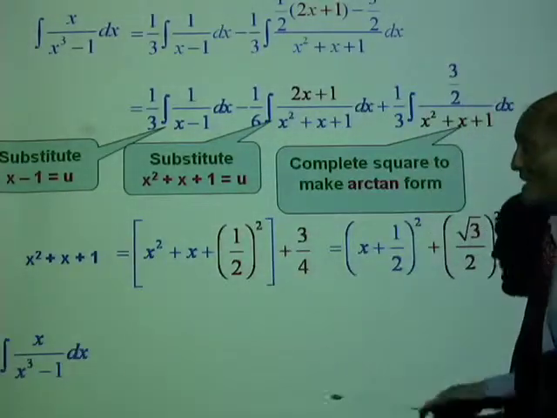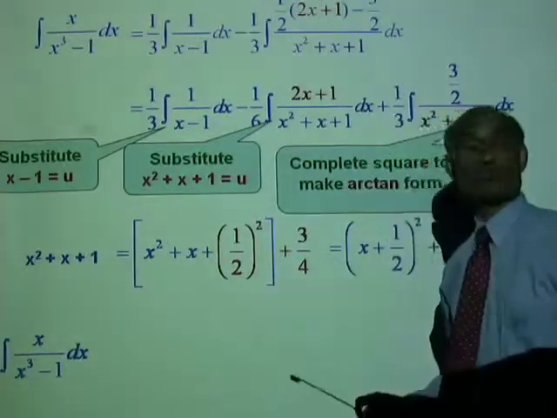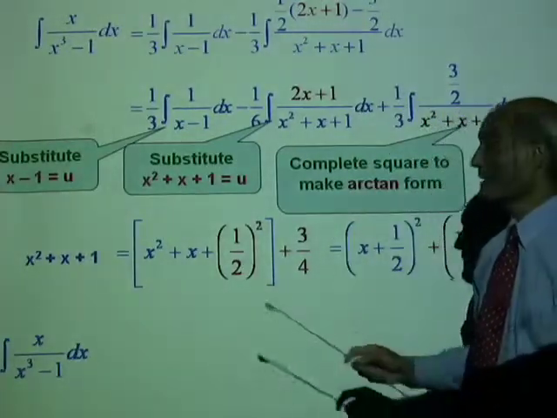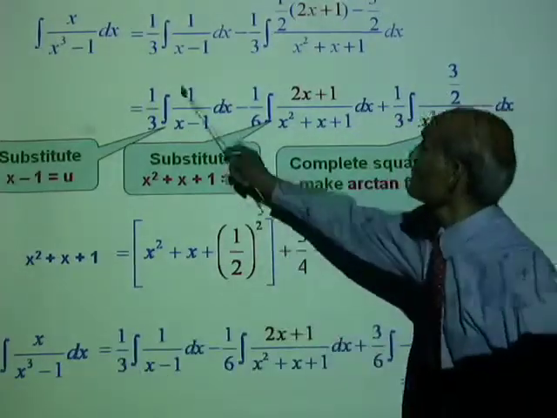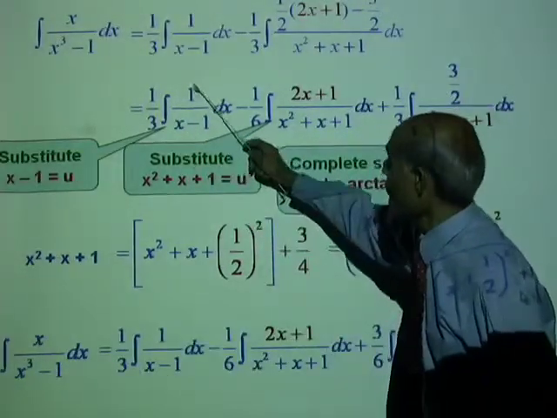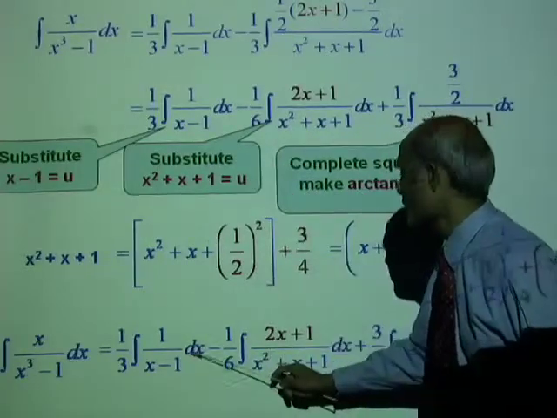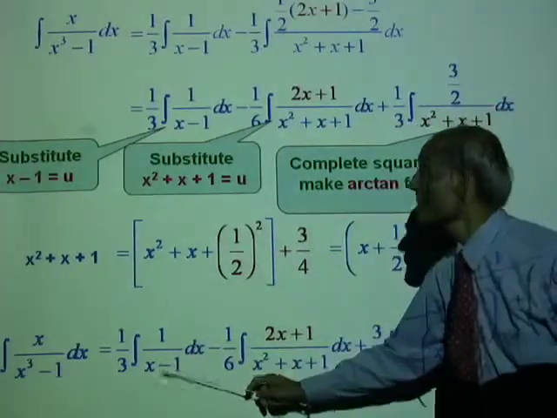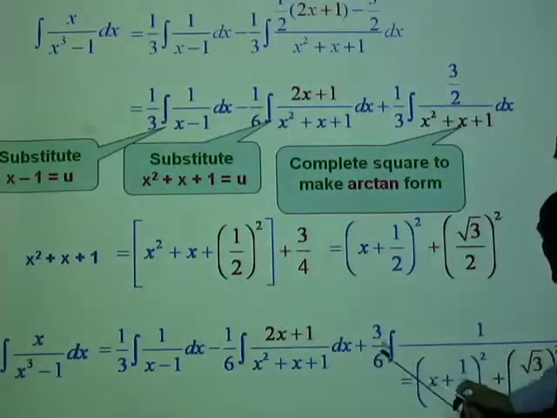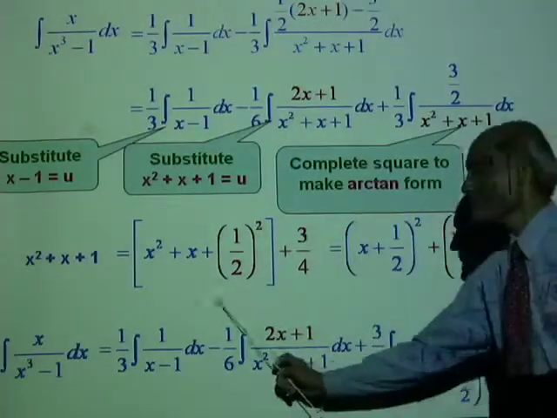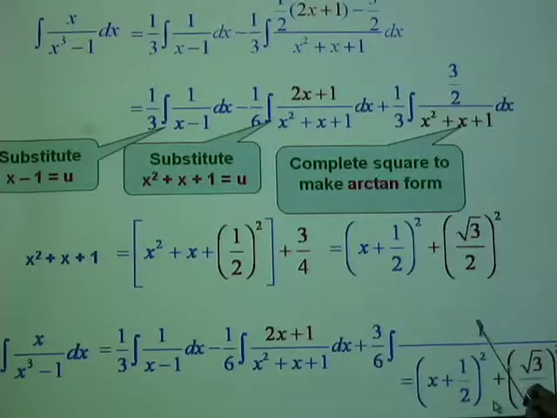That's right. Okay, so now let's write all this together. Integral x over x cubed minus 1 is 1/3 1 over x minus 1 dx minus 1 over 6 of this plus 3 over 6. We left all this there, and we just deal with that denominator.